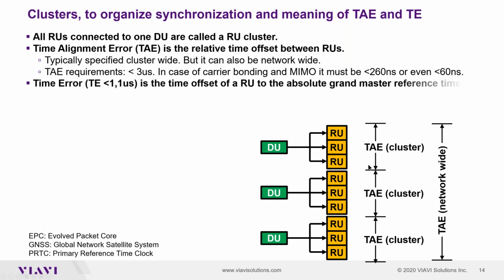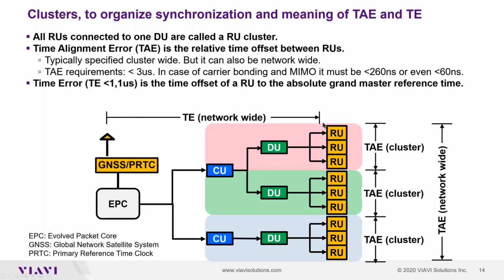The time error is measured here on the user network interface, on this Ethernet interface, and the time error says how far this radio unit is from the big reference time. So maybe somewhere in the core, in the backhaul, we have a reference clock using the satellite, GPS, Galileo as a reference time, and then with the PTP protocol forward this time to the different radio units.